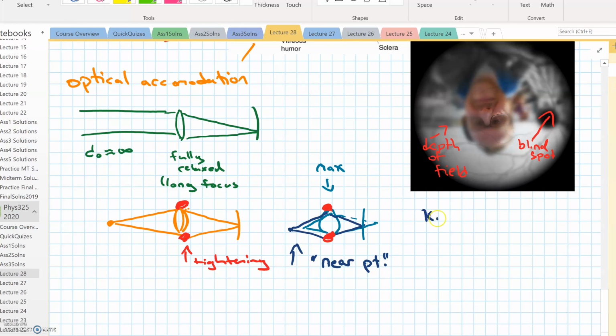For kids, it's around 4 centimeters. For elderly, it can be up to 100 centimeters, a meter. And the average, the standard, is defined as 25 centimeters. I don't know, maybe it's just a survey. 25 centimeters. I went and asked a bunch of people.